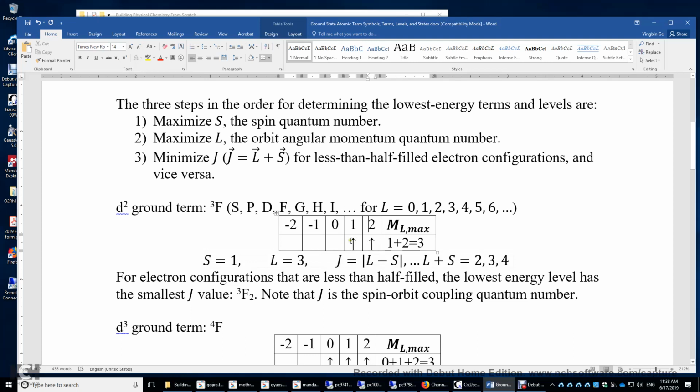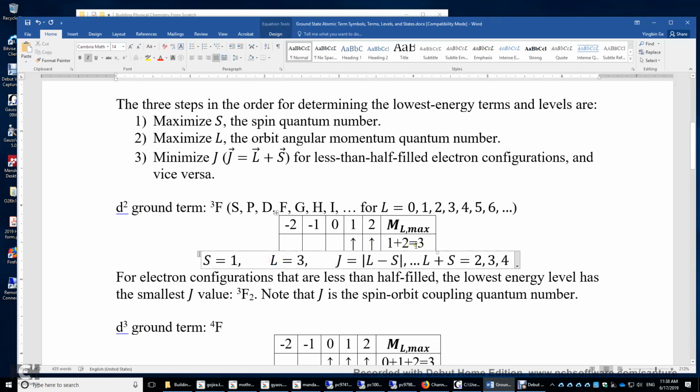So the second electron must be an alpha electron as well, and then we can only put it in here to maximize m sub L. And then we sum up m sub L, 1 plus 2, we get 3, and therefore L can only be 3. And then we look at the spin. 1/2, 1/2, together we have S equals 1 and L equals 3.